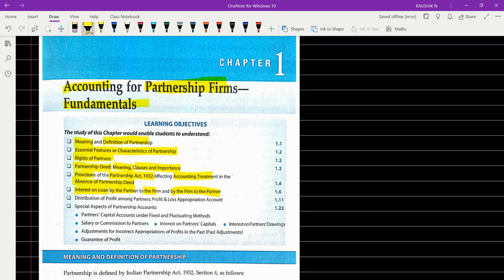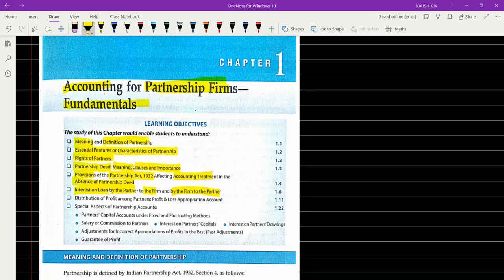Usually the firm will be borrowing the money, that is what we are seeing. But in partnership, we have two ways: the firm getting money from the partner, or the partner getting help from the firm for their requirements. So the two-way treatment you'll come across, and how to calculate the interest on such loans.